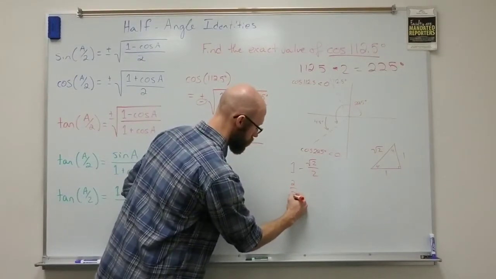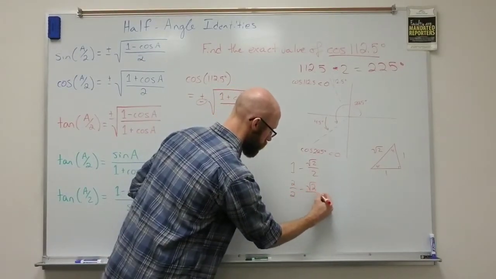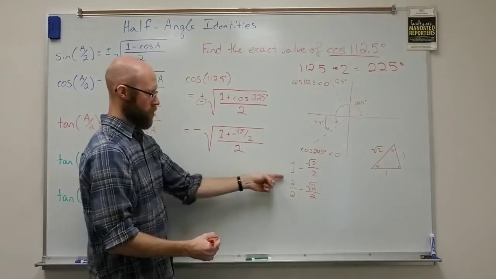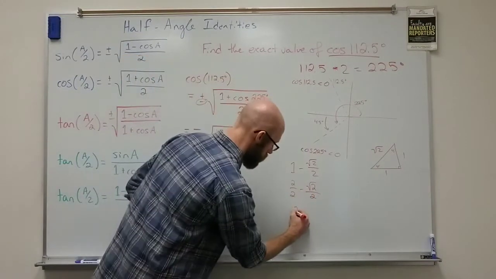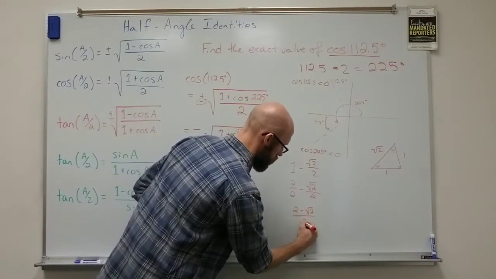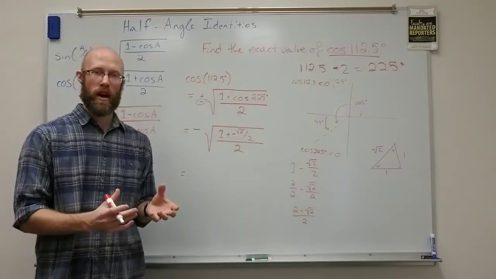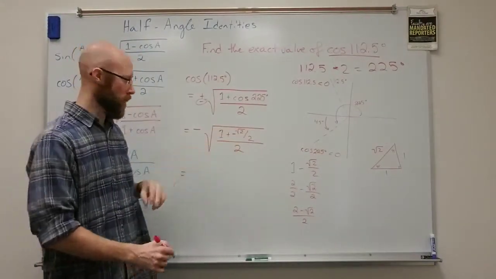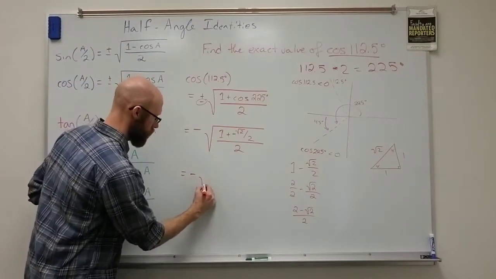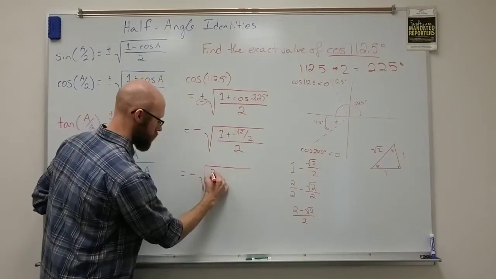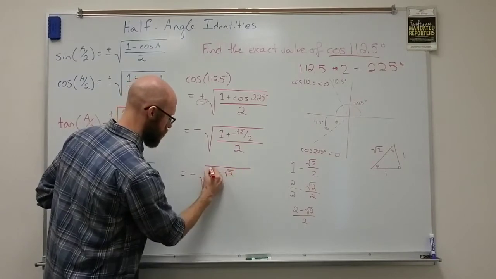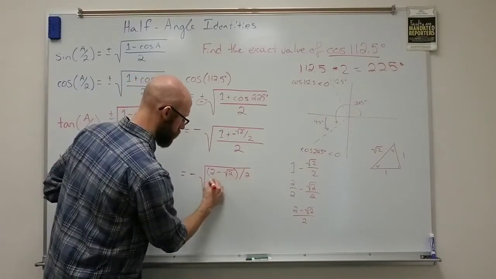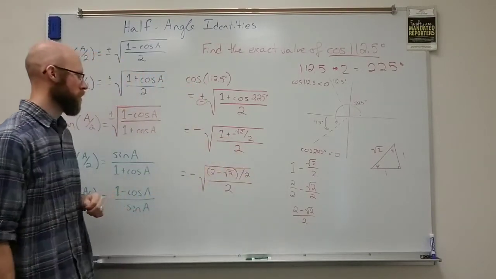So it's 2 over 2 minus root 2 over 2, which is 2 minus root 2 all over 2, as one fraction. So that goes on top, and then I divide that by 2. So it's negative square root of 2 minus root 2 all over 2 all over 2.